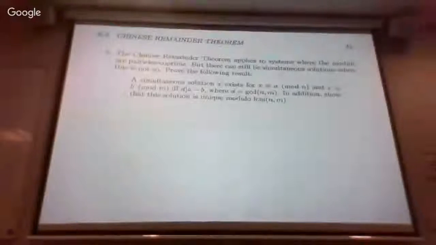Okay? So the pair of moduli can be any two numbers. They can share some non-trivial factors or not. And this result we're asked to prove here is that this has solutions, meaning simultaneous solutions of those two.